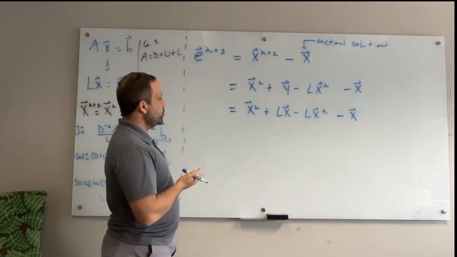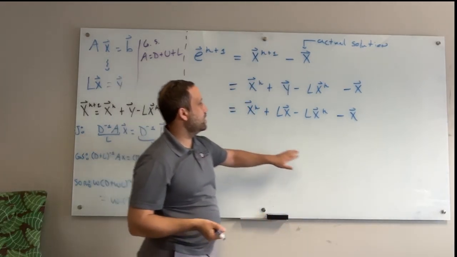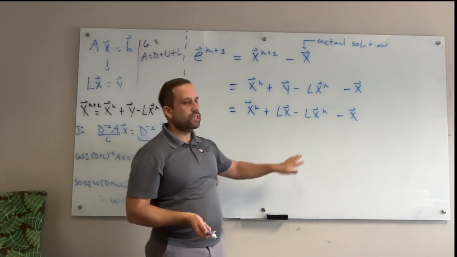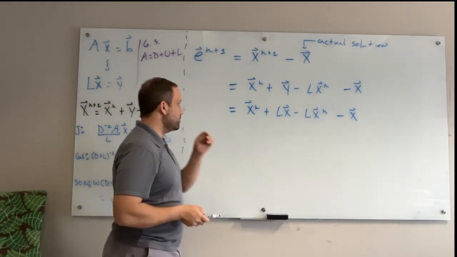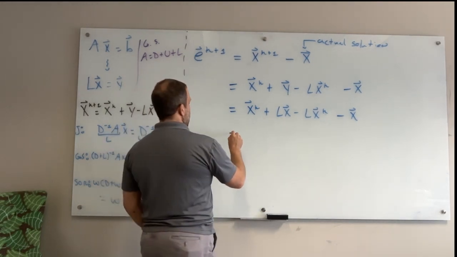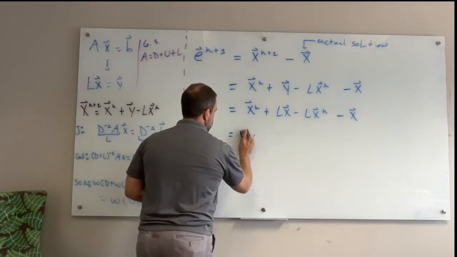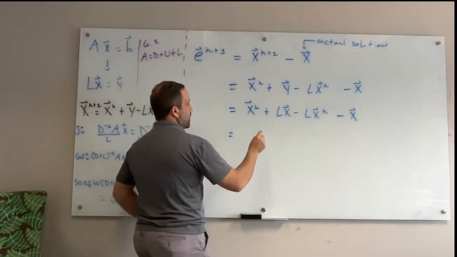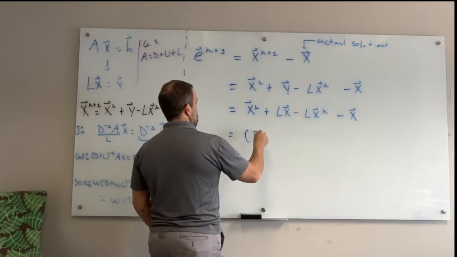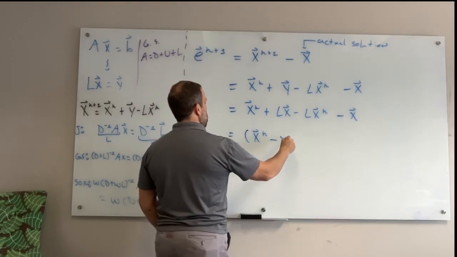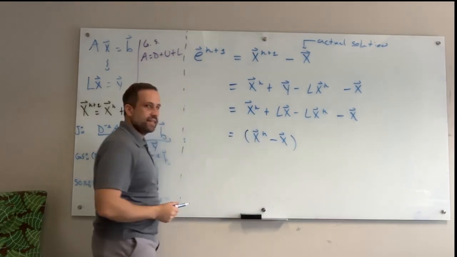And now I notice that I have an x_k and a minus x, and an Lx and a minus Lx_k. So I'm going to collect the terms in the following way. I'm going to have x_k minus x. My goal here is I want to get some e_k's on the right-hand side.